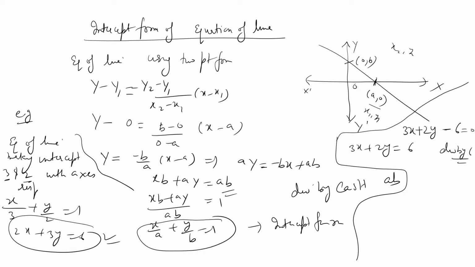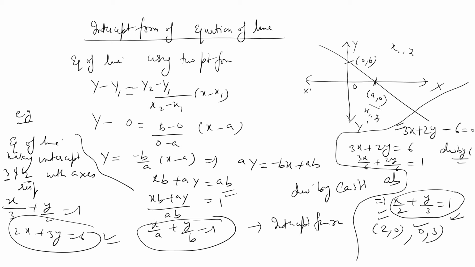So it becomes 3x upon 6 plus 2y upon 6 is equal to 1. So what will I get? x upon 2 plus y upon 3 is equal to 1. This equation has changed to intercept form. And clearly, if anybody asks me where it is touching the x-axis, it is touching the x-axis at (2, 0) and the y-axis at (0, 3).